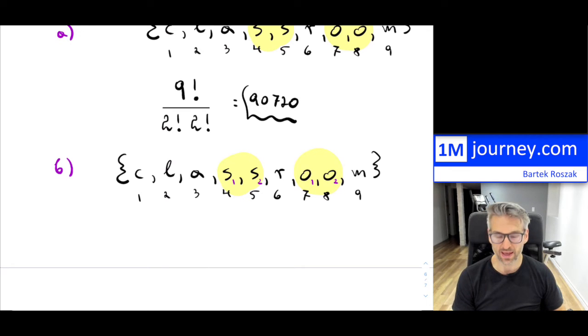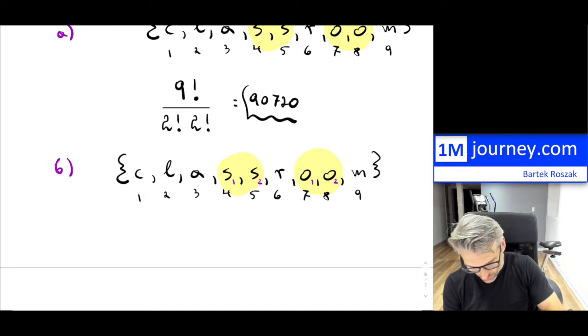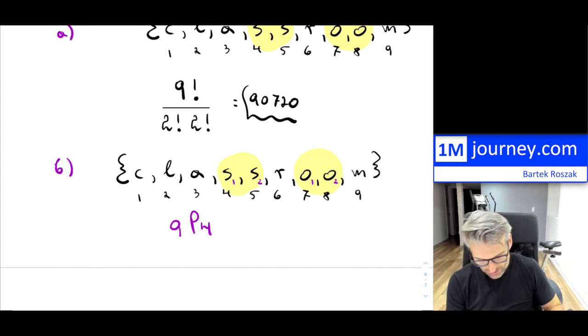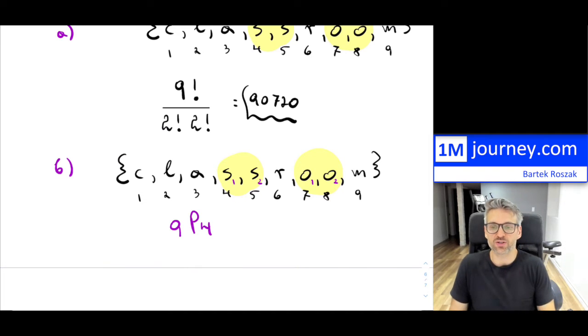Then if I wanted to make 4-letter words, this would have been 9P4. So how many permutations can we have from 9 distinct letters? That would have been the answer.